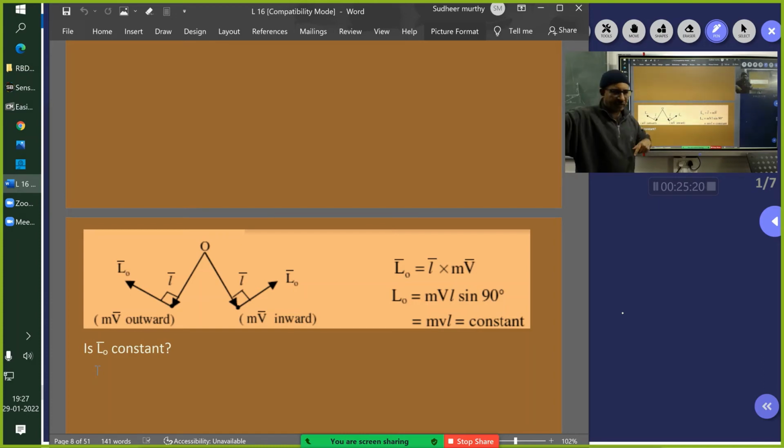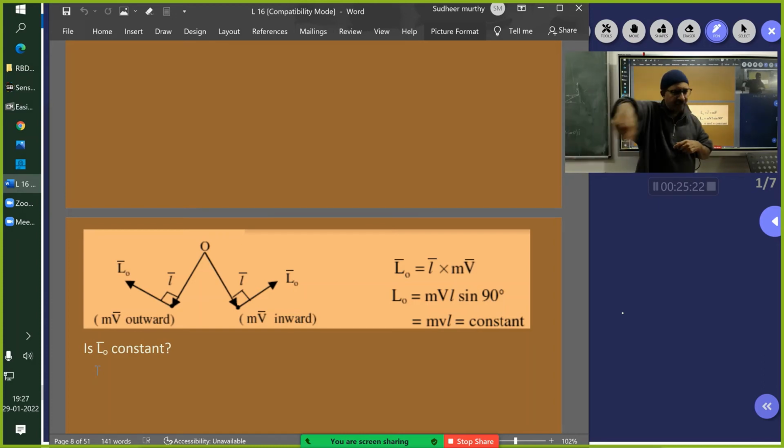As the conical pendulum moves like this, mg is everywhere the same, and tension is also the same. But the direction of mg is not changing, while the direction of tension is changing.